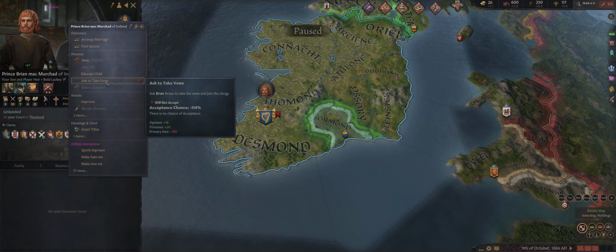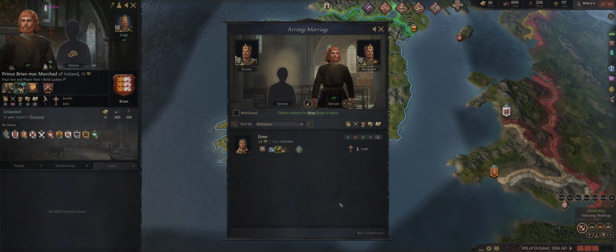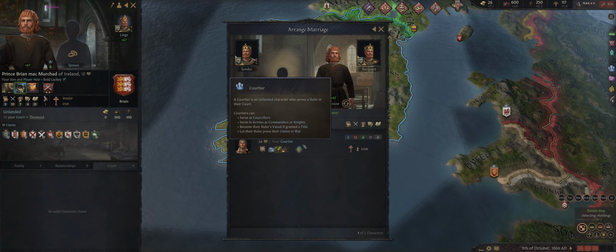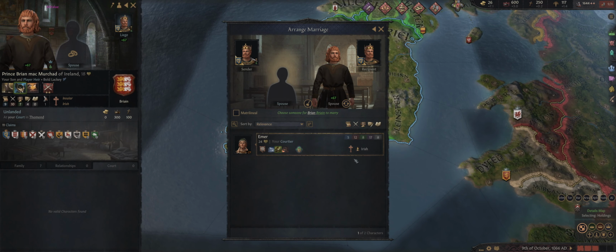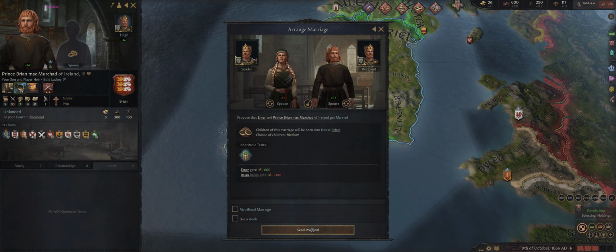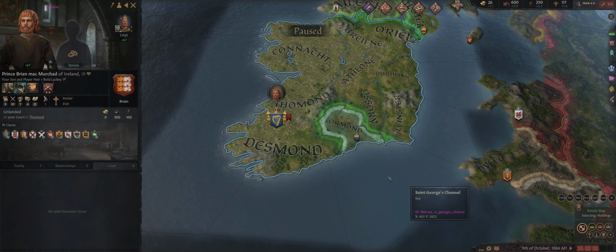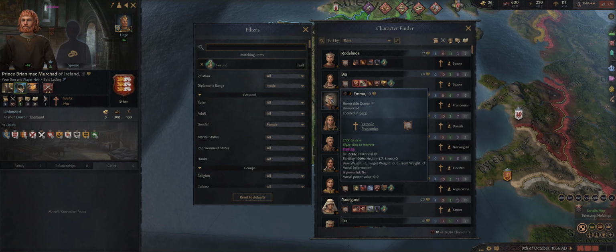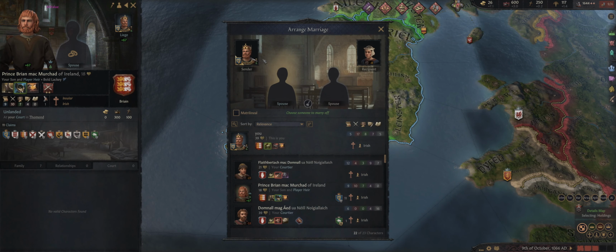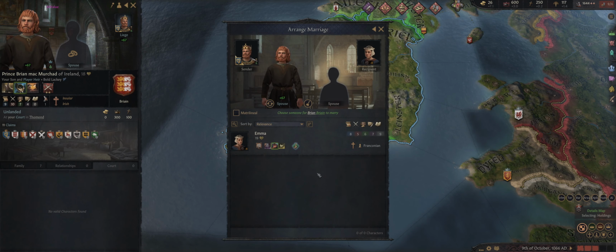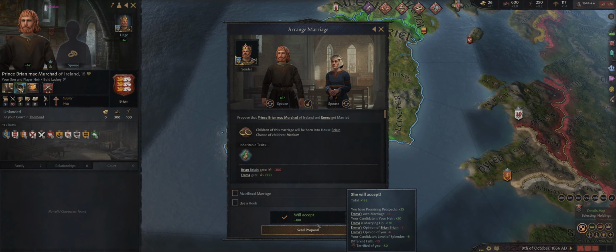We can right-click on people in our court, including our son here, and we can click Arrange Marriage. And if we pick a courtier to marry him, they cannot say no. Whereas if I go to the character screen, for example, and try to arrange a marriage to Emma with my son, then in this scenario she would accept, but she might not, right?